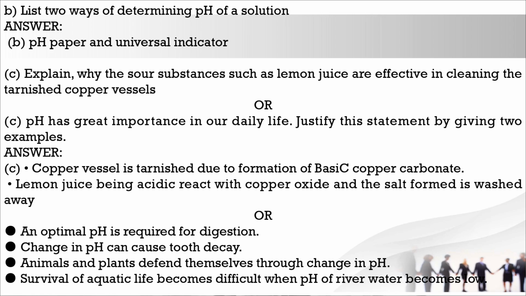Lemon juice being acidic reacts with copper oxide and the salt formed is washed away. An optimal pH is required for digestion. Change in pH can cause tooth decay. Animals and plants defend themselves through change in pH. Survival of aquatic life becomes difficult when pH of river water becomes low.